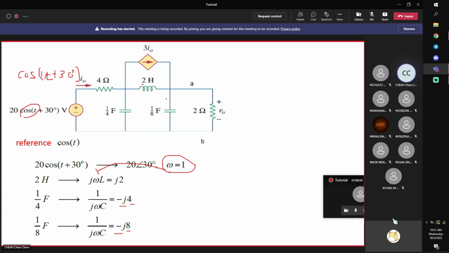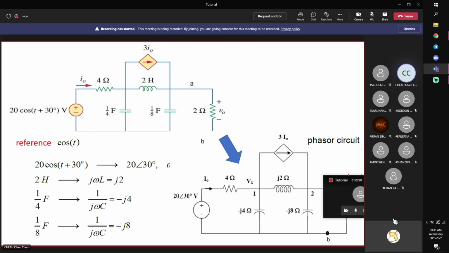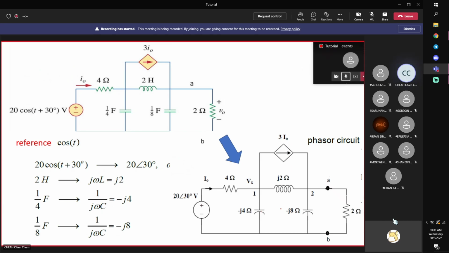So we put these circuits into phasor form. Take note that you have converted everything into its phasor form, including your source. Don't forget your source. 20 cosine, leading the reference by 30, so it is 20∠30.